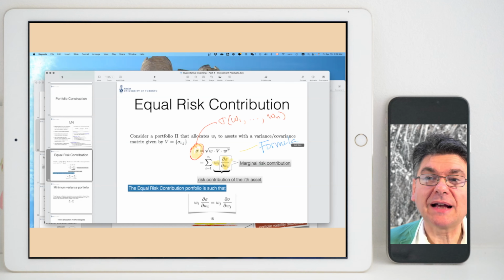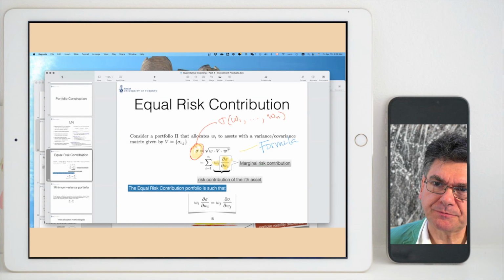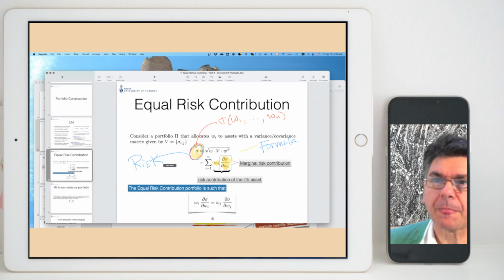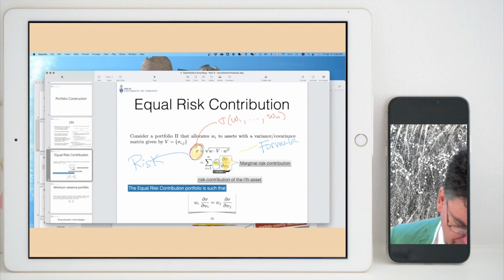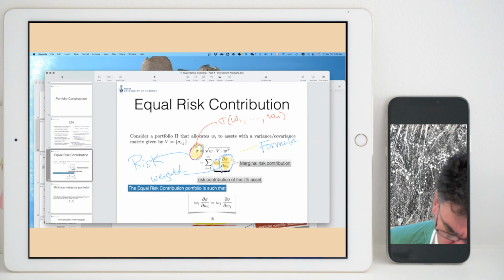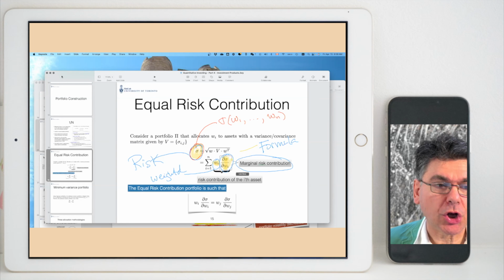But this formula has a very interesting interpretation. This is the risk of my portfolio. So the risk of my portfolio is the weighted average of these numbers. This formula gives a name to these numbers: they are called the marginal risk contribution.